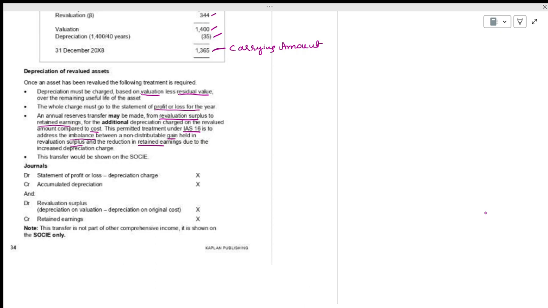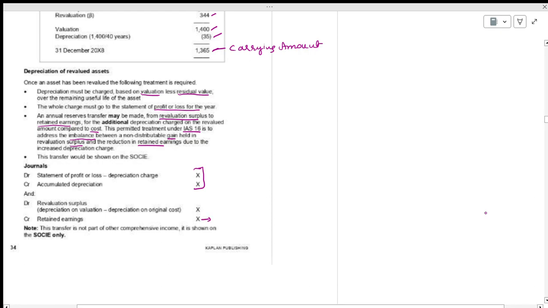Debit depreciation charge, credit accumulated depreciation. We will work on this a lot. On revaluation, we will definitely add more depreciation. Debit revaluation surplus, credit retained earnings if there is any income.